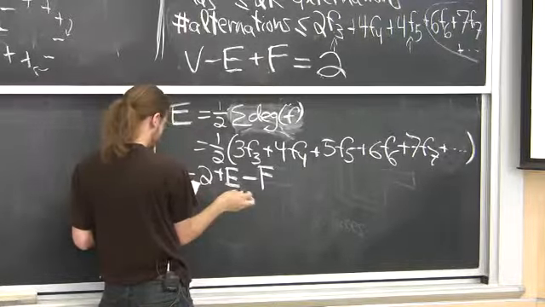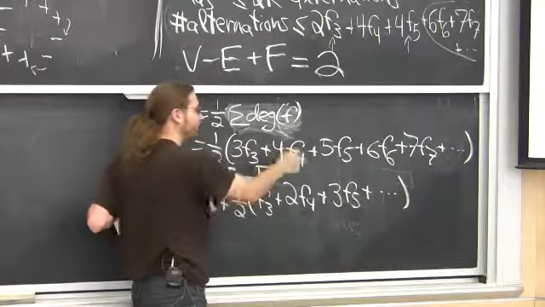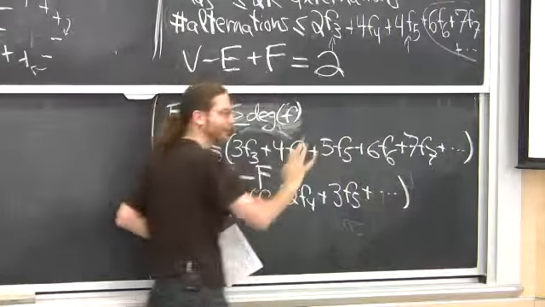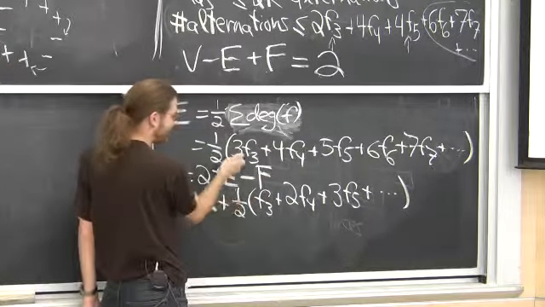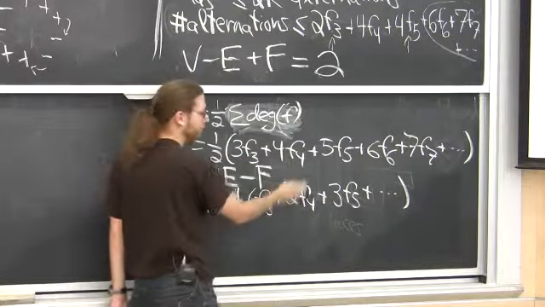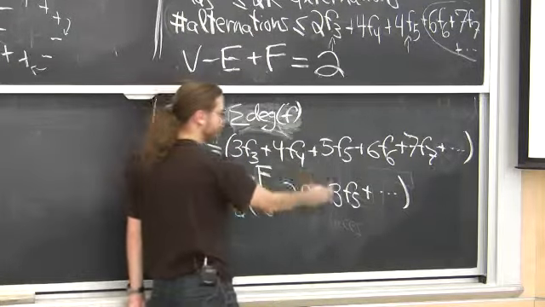I just skipped a step. F is the sum of F3 plus F4 plus F5 plus F6, okay? All I did here was decrease by, well, because there's a half out here, I decrease each coefficient by 2. Nothing surprising. Okay. So I took E, I subtracted F, just took away one of each. Now I have this formula.